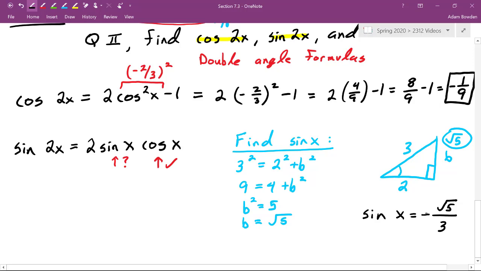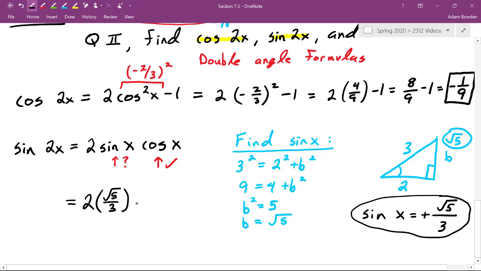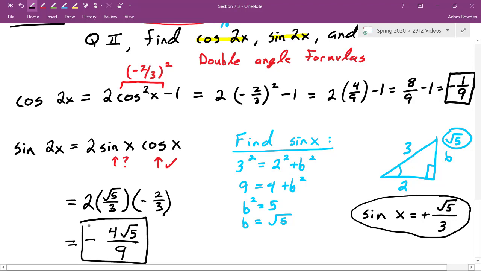And since we're dealing with quadrant 2, we know that's positive. So now we can plug in the number for sine x and the number for cosine x. For sine x, I'll put the square root 5 over 3. For cosine x, we have negative 2/3. So multiplying this all together, we would have negative 4 square root of 5 divided by 9.